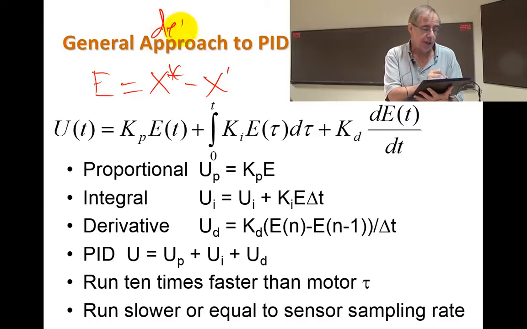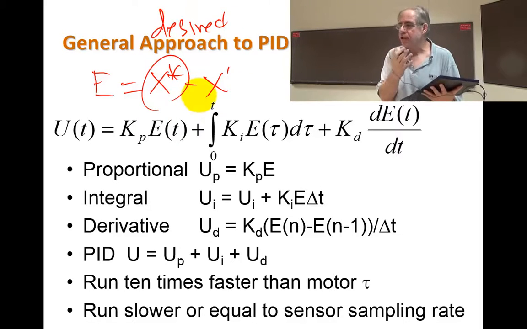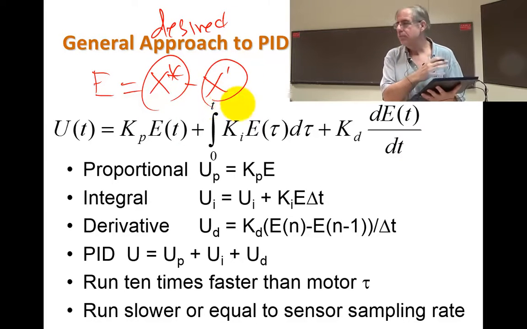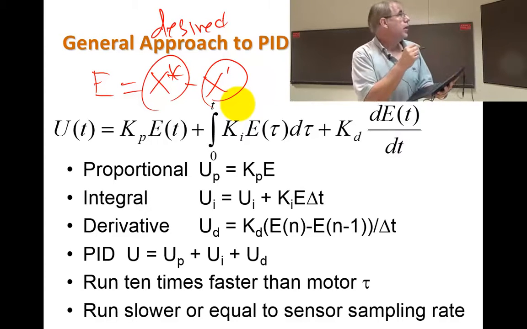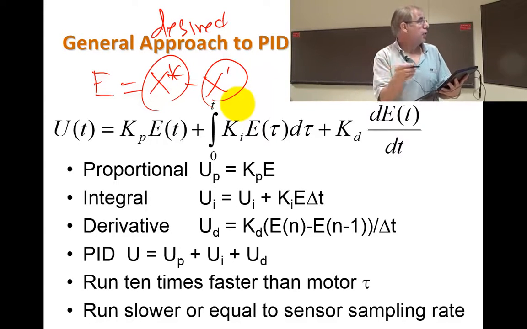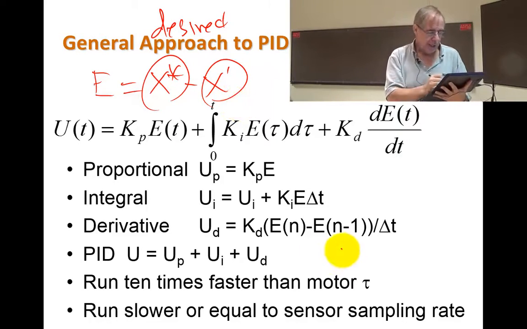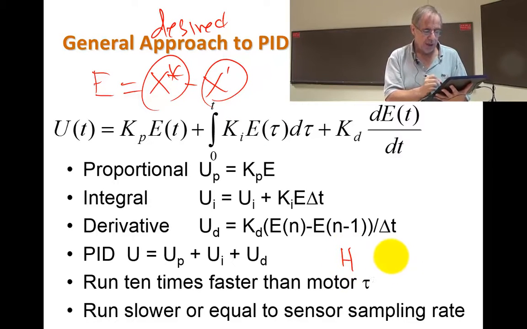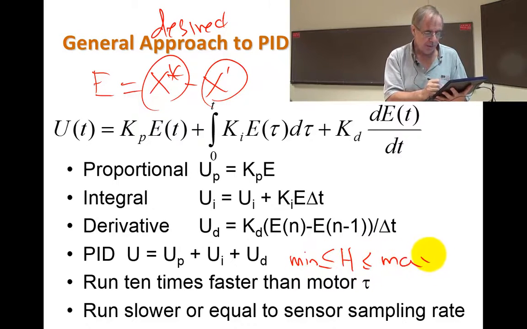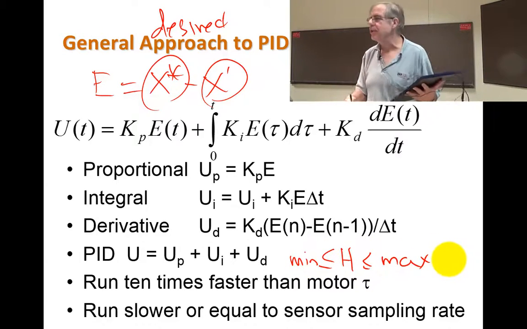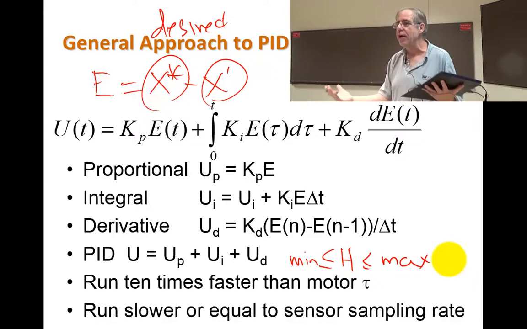So this is the desired, okay, 30 RPS, and this is the measured, whatever, 30.1 RPS. And again, the output of the controller is this duty cycle, H, which will vary between some minimum number and some maximum number. In other words, the duty cycle is going to vary between 0% and 100%.